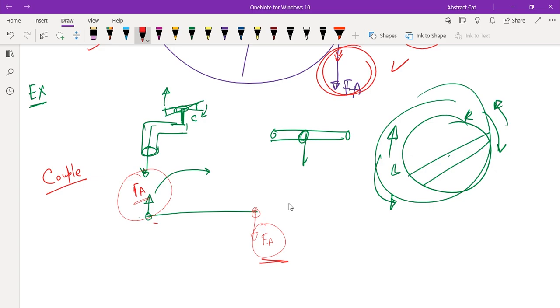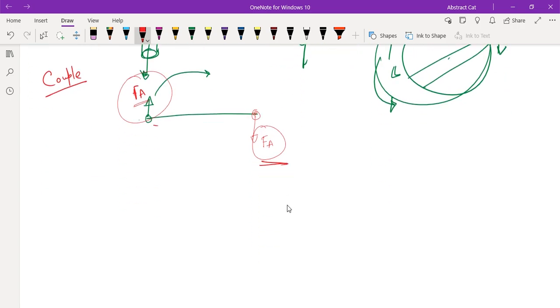Now, if we want to calculate the moment of couple, it is very easy. Considering these two forces, we take either force, and we just consider the magnitude, not the direction. Here, in class 10, we just consider magnitude.